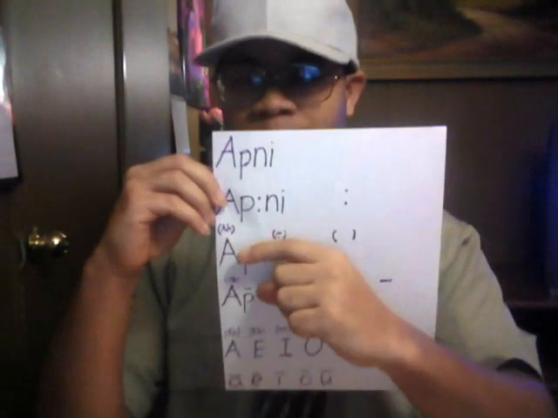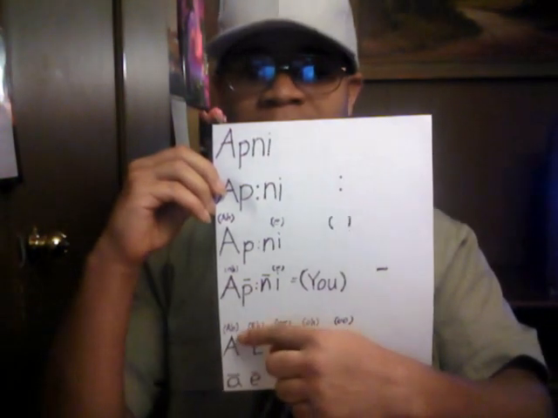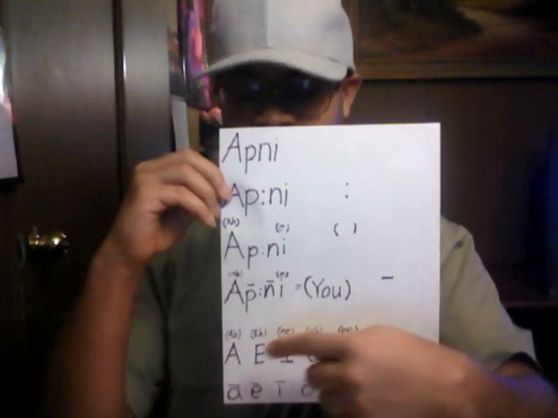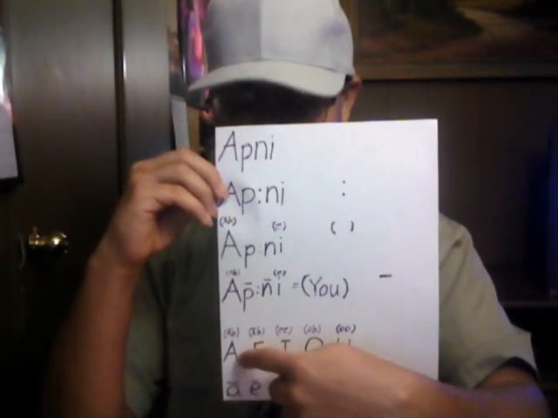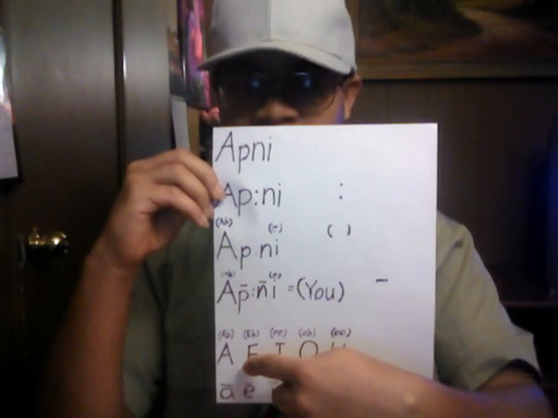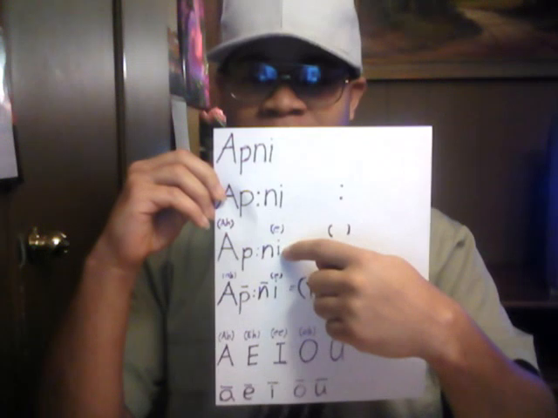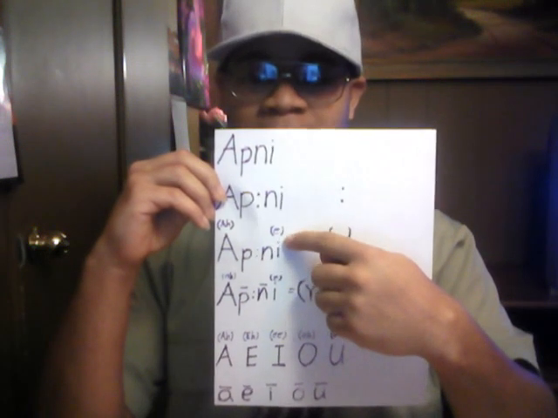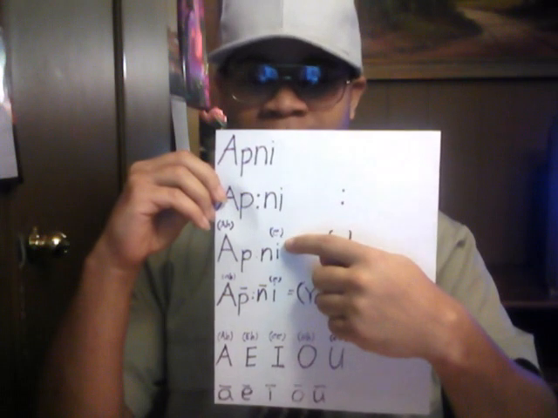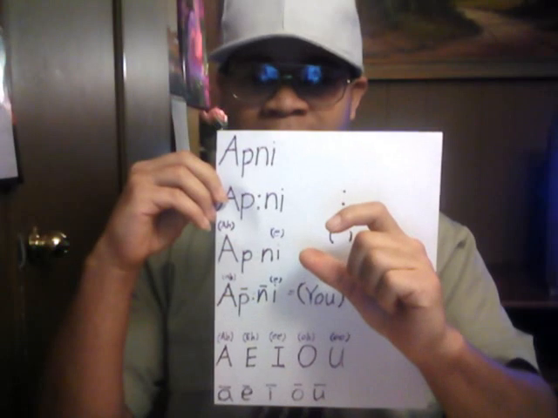So the Bengali A sound is ah. It sounds like ah, like you're getting hit. So the Bengali A sound is ah. Now, the Bengali I sounds like E. It sounds exactly like knee, K-N-E-E.